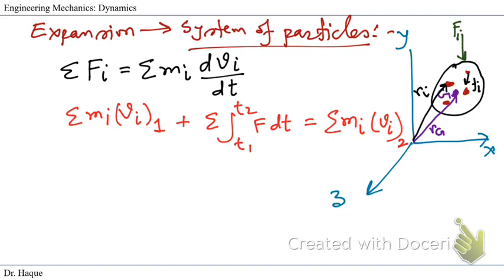This is the same way we did m1 v1, m2 v2. This is just the summation over all the particles.